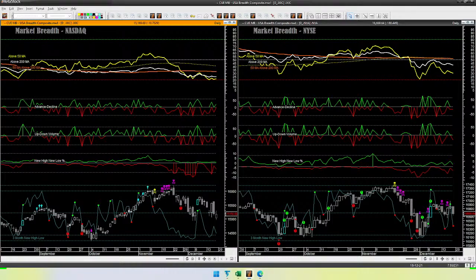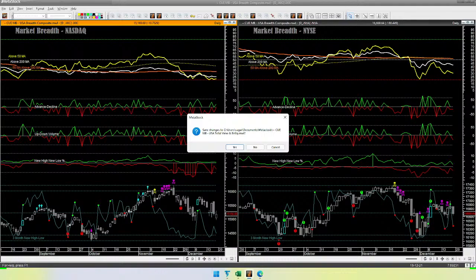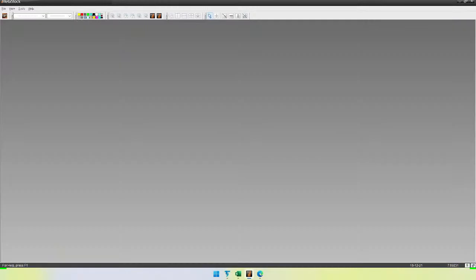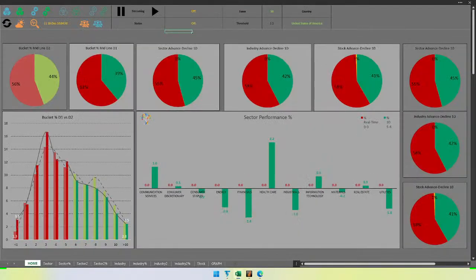Now, if that is the conclusion, what kind of industry or sector shall we focus on? That is a very easy decision to make from QH. Let's look at the sector performance.